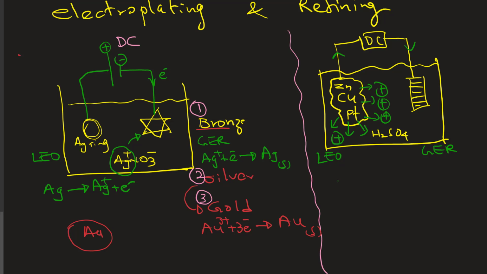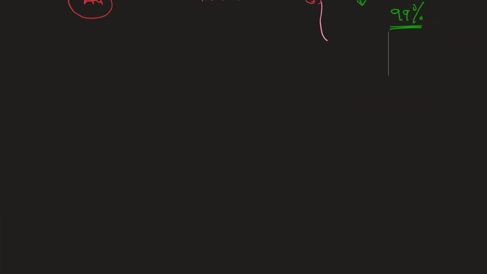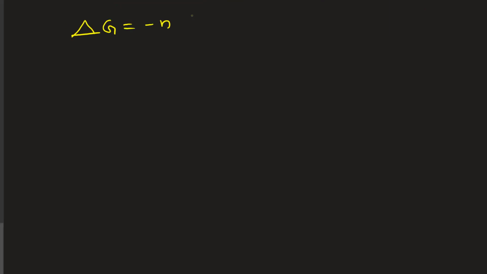There's some sort of a wire mesh, and with the acid reaction, the zinc, copper, platinum, those dissolve first. Now in your cathode, what happens? First deposits copper because it's 0.34 volts. Then it deposits zinc and so on. So that's how we actually refine metals.